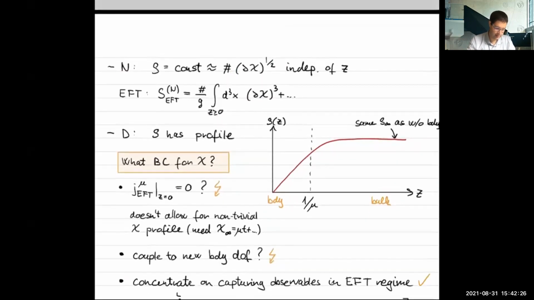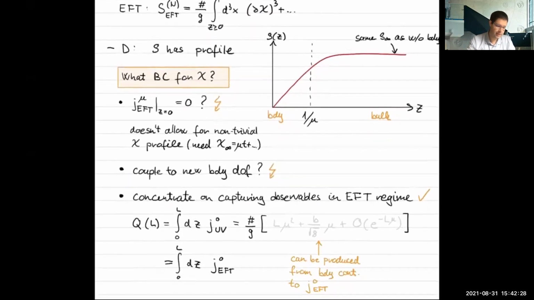But then when we first started thinking about it, we considered the other example, the Dirichlet boundary condition, and that will pose a puzzle. So in the microscopic theory, if you impose Dirichlet boundary conditions and also turn on a chemical potential, you will find that this field rho has a non-trivial profile. So this is where the boundary is, and this is the bulk of the spacetime.